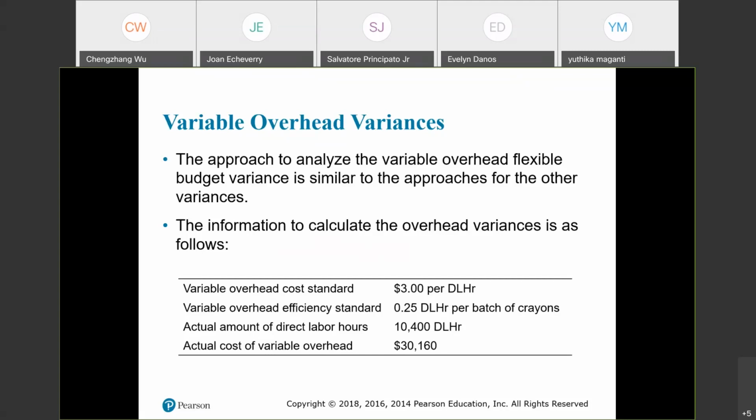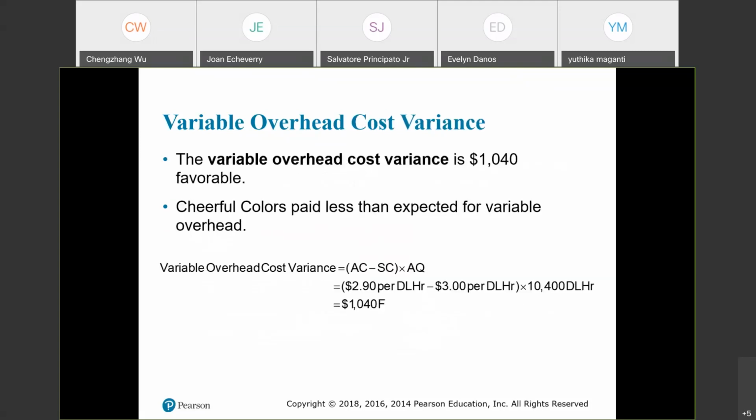And the actual cost of variable overhead is $30,160. So the variable overhead cost variance is $1,040, which is favorable. By saying favorable, it means this variance increases the operating income.